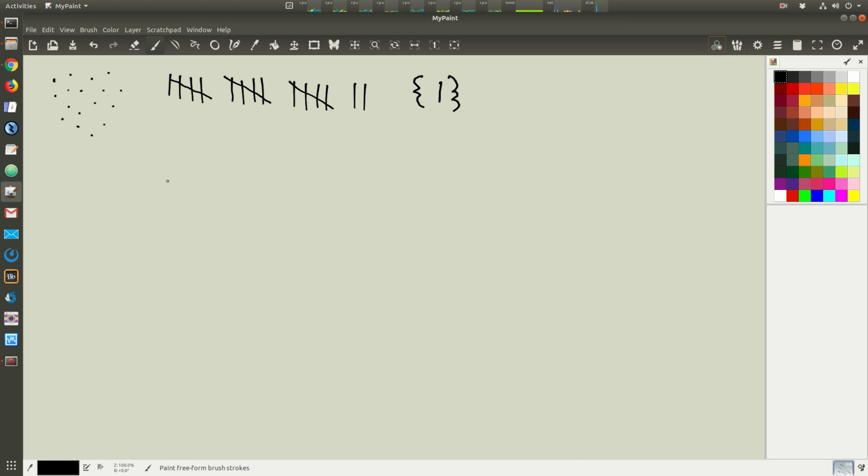If we go through and write out the Roman numerals, 1 is an I, 2 is II, 3 is III, and then 4 is IV.